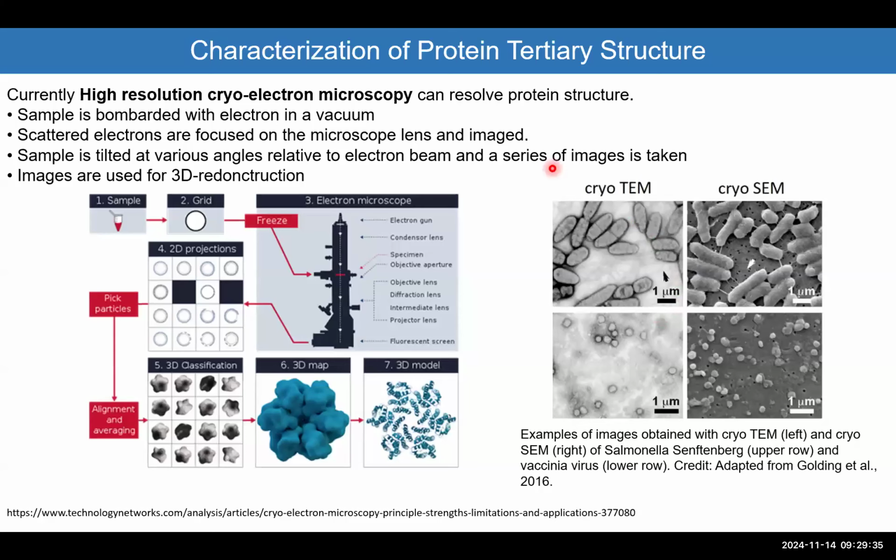Now, the concept is that you are, again, introducing the sample that you are testing with a pulse of electrons in a vacuum. And then the scattering of those electrons will generate somehow an image.